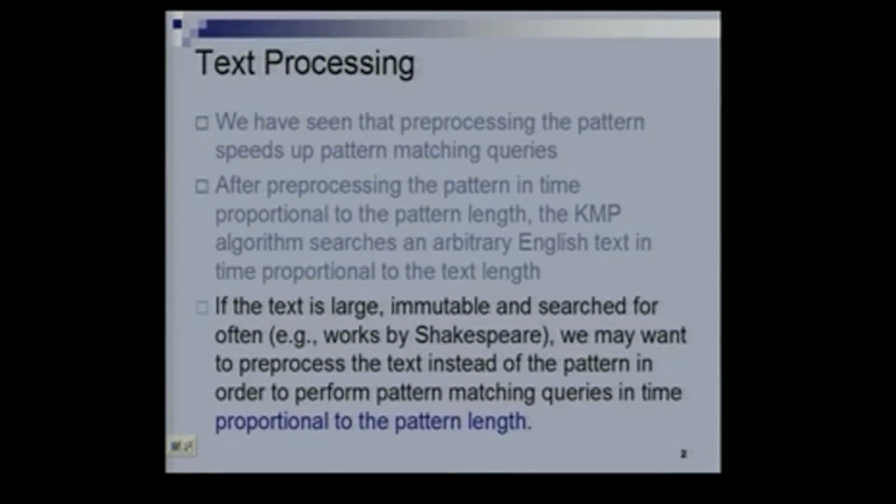So, what we want to do today is to process the text so that I can search for a pattern in time proportional to the length of the pattern. This becomes great because patterns are typically very small, 7 characters, 15 characters, something like that, while your text could be a million characters large.